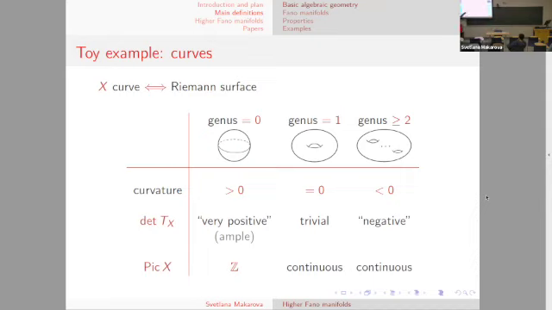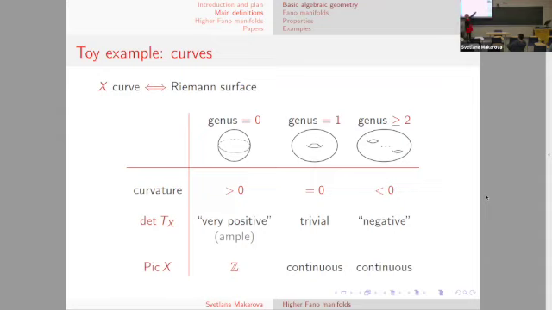Here, the determinant of the tangent bundle is equal to the tangent bundle itself, because on a curve, the tangent bundle has rank 1. And in genus 0, the determinant is very positive and actually ample. I will explain what it is on the next slide. In genus 1, the determinant is trivial.